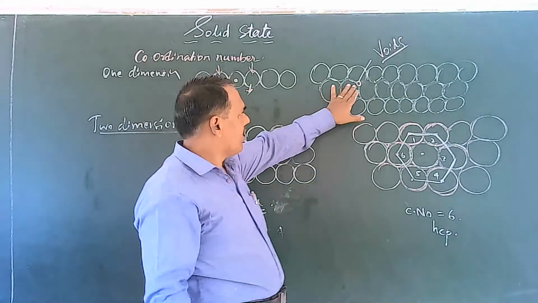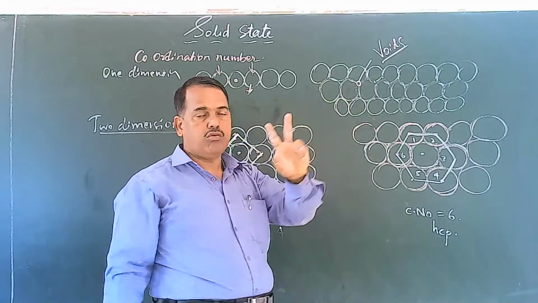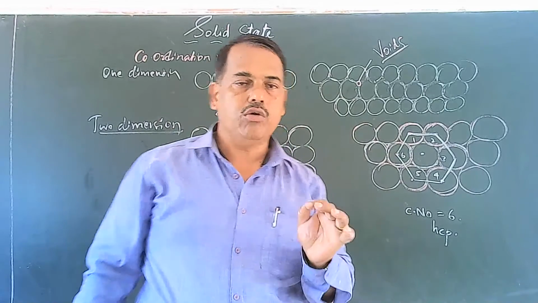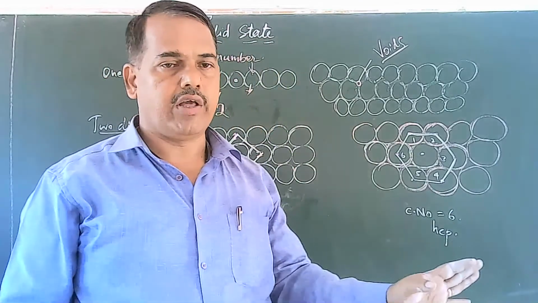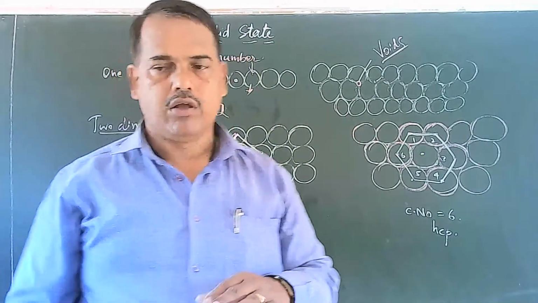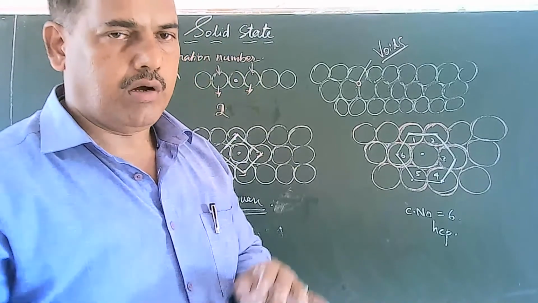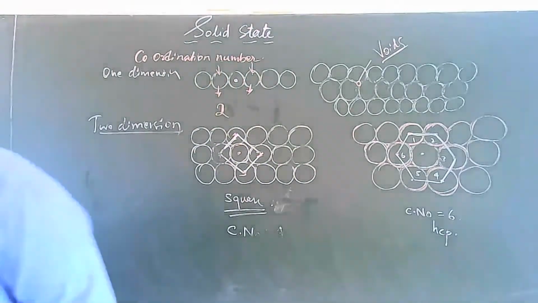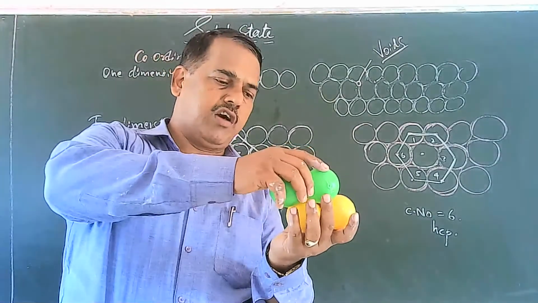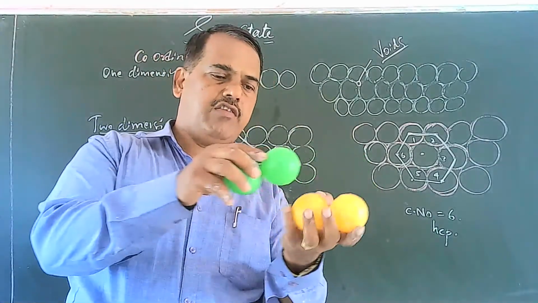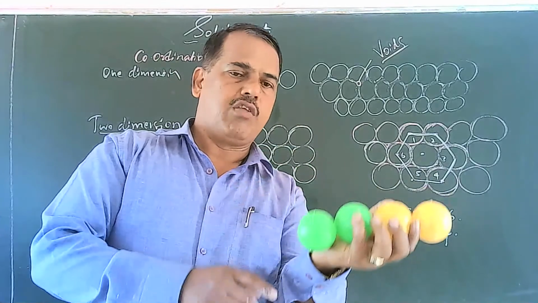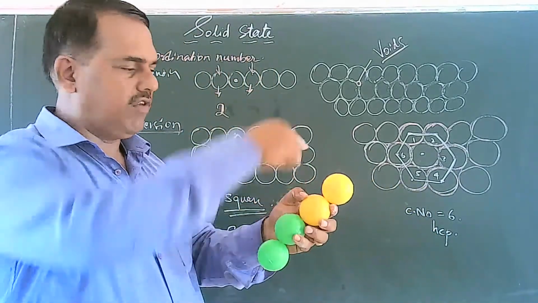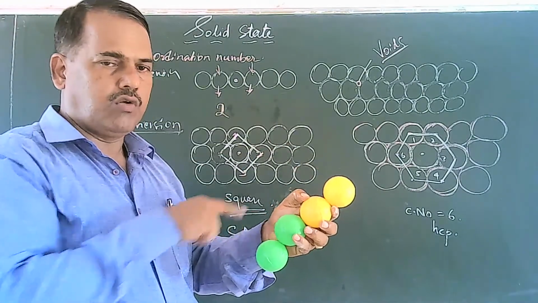And here these voids are classified into two types. One is tetrahedral void, another one is octahedral void. So you can see some of the spheres which I brought here. When these spheres are placed, as I placed in one dimension, what is the coordination number here? Coordination number of this particle is 1, and this one, that's all 2.